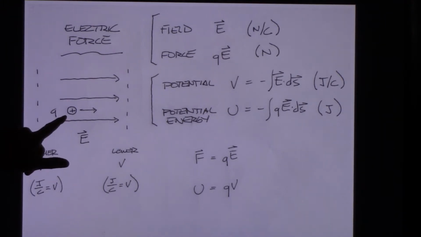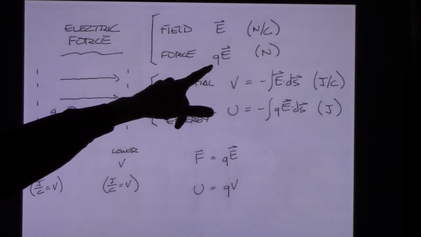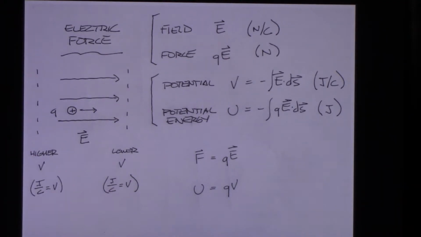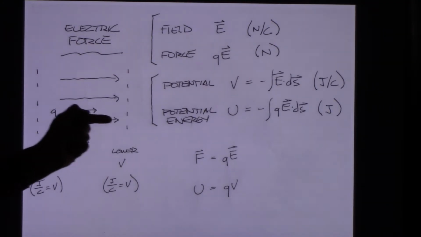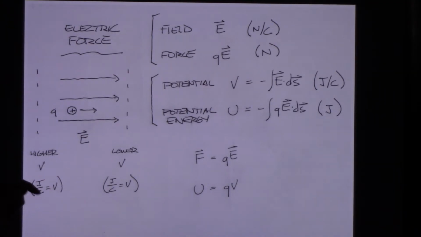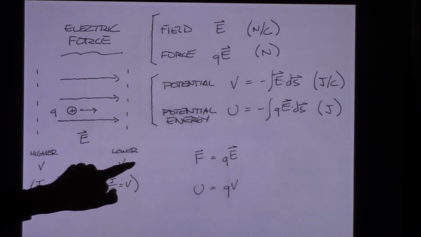So here is a charge entering the field, and it's going to have a force of Q times E acting on it. Now, if it's a positive charge or a negative charge, either one, the direction of the electric field will guide us away from higher electric potential towards lower numerical values.